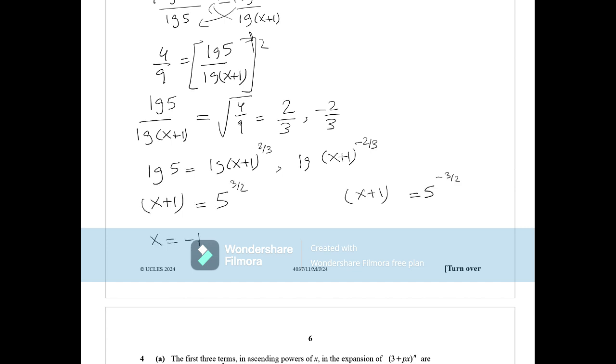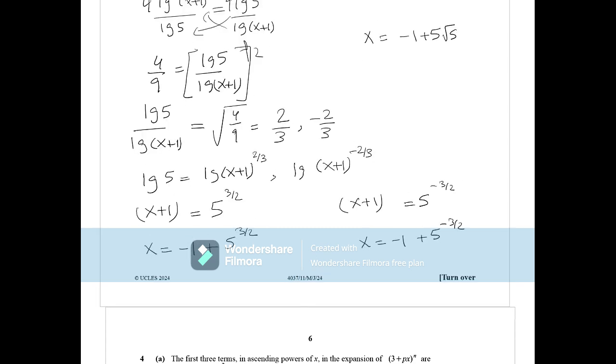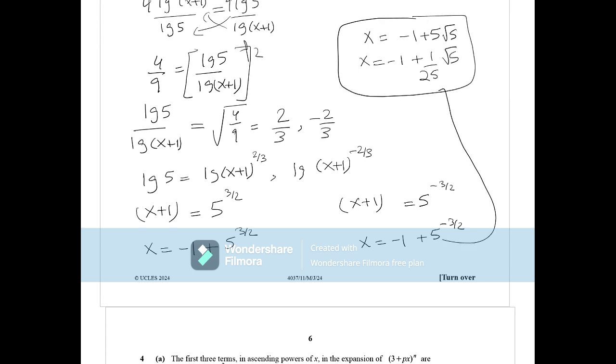So x is equal to negative 1 plus 5 to the 3 by 2, and x is equal to negative 1 plus 5 to the negative 3 by 2. Alright, just find the answers over here. x is equal to minus 1 plus 5 root 5, and x is equal to minus 1 plus 1 over 25 root 5. This is this, and this is this. You just need to resolve the powers.